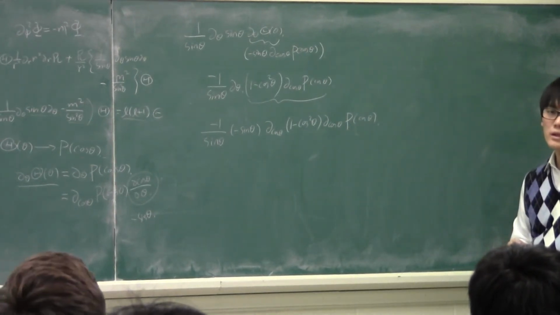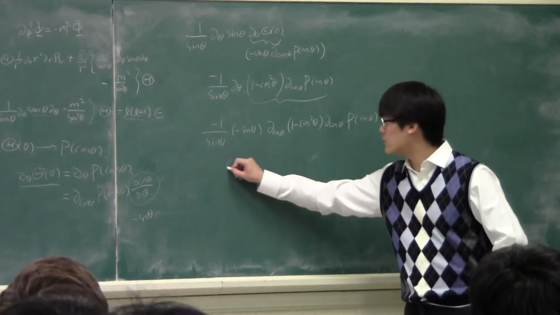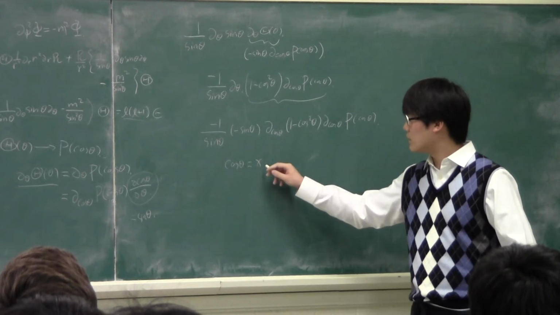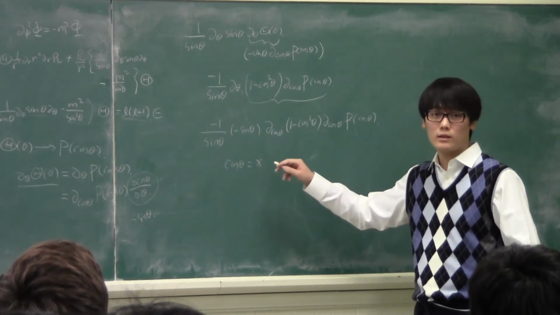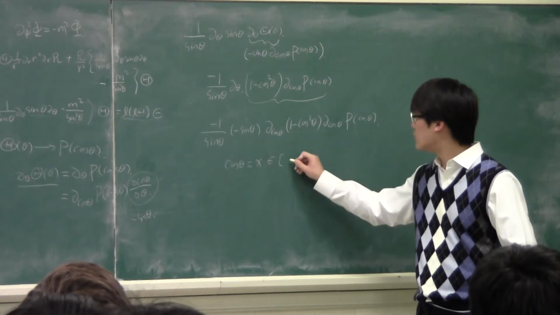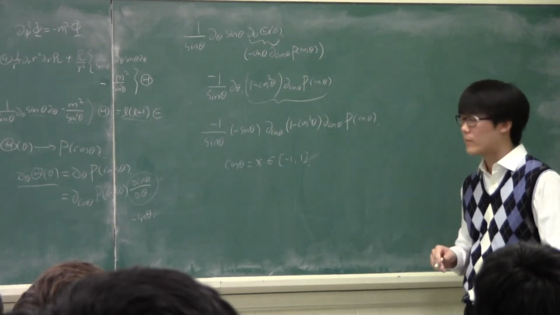So now let me forget about cosine theta, because now let me just use cosine theta is equal to x. And what is the range of x? Theta goes from 0 to pi, right? So x is from minus 1 to 1. Okay.